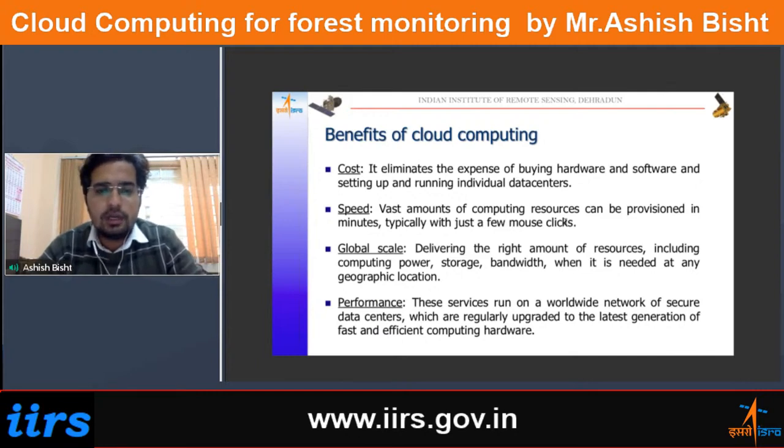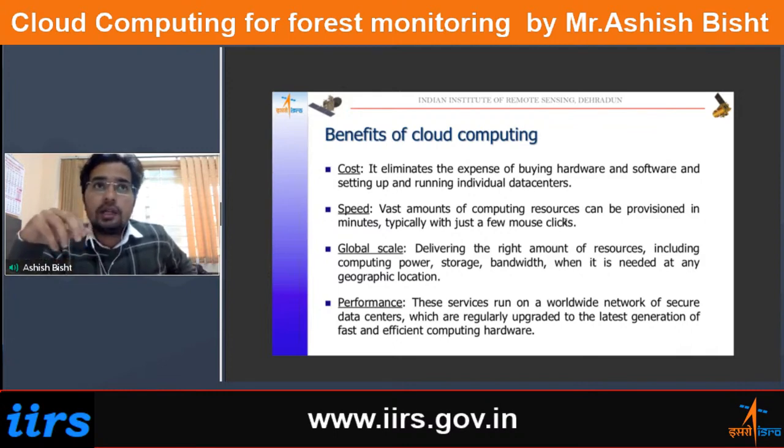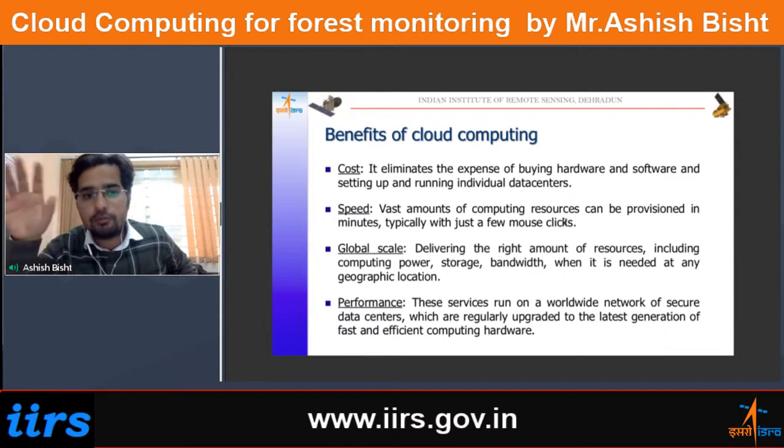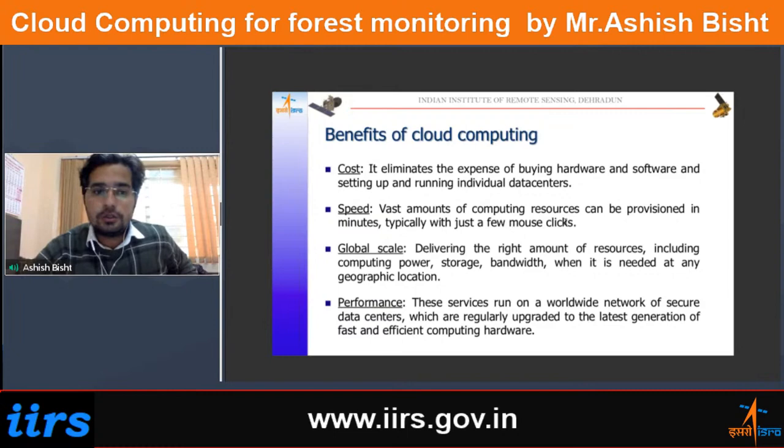Speed, because definitely there are high-end servers, high-end hardware implementation done at the cloud central level, because they're targeting a huge number of people to give their services. So they already take care of all these overheads like speed and efficiency, and global scale.